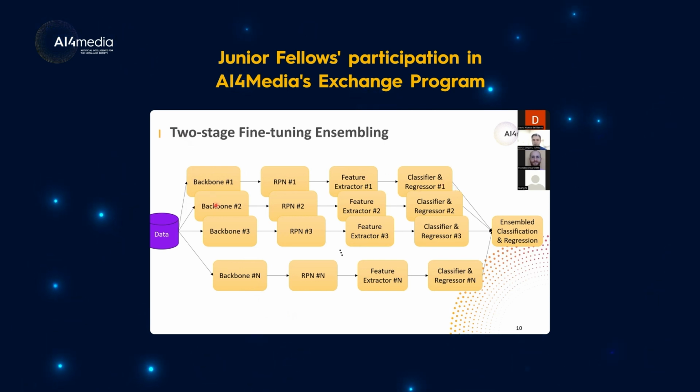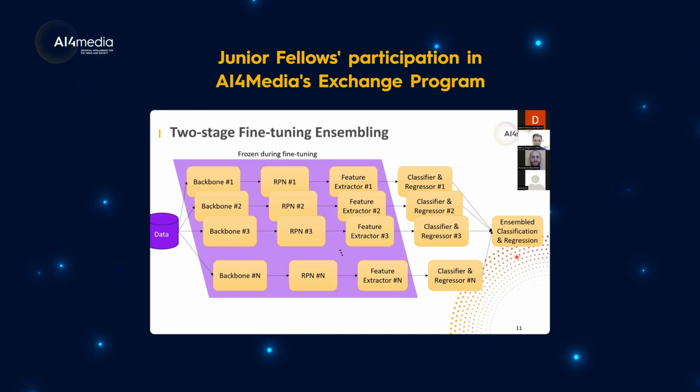And also the same thing multiplied N times. So we have N systems running in parallel. And then finally, based on the output of each such system, we want to perform this ensembled classification and also regression.